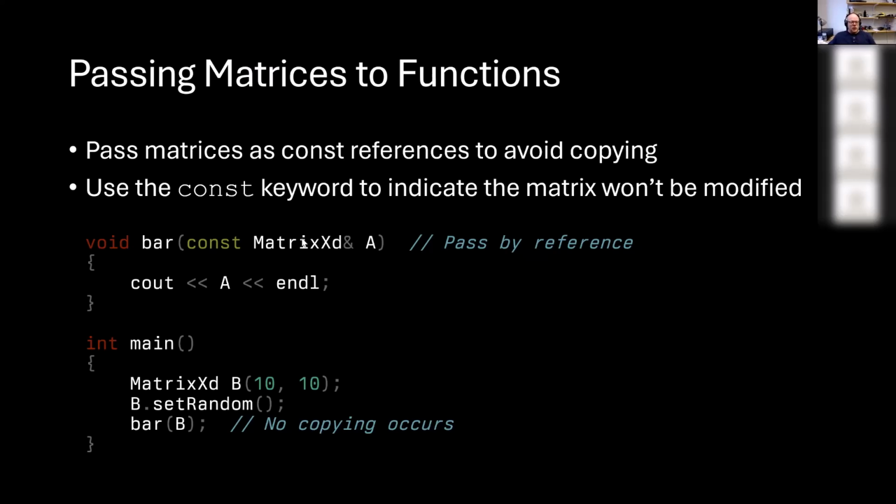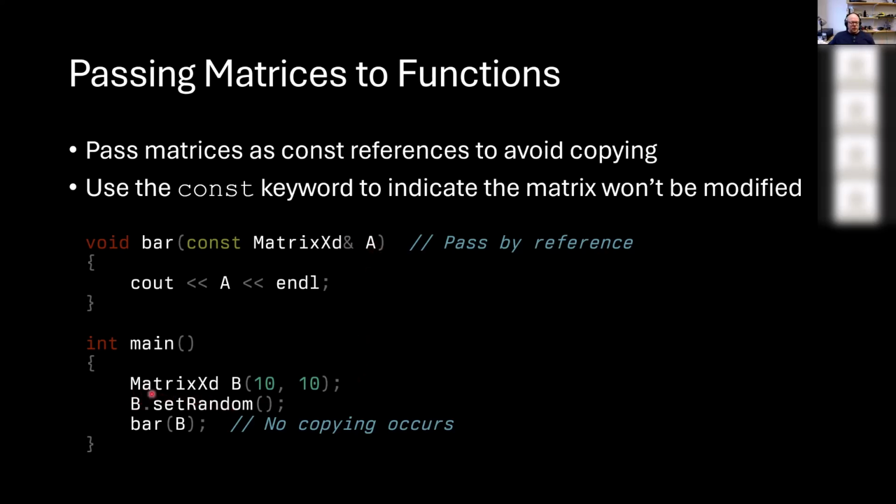In this case, I have a bar function whose only purpose is to print out the A matrix. You can see here that I have MatrixXd as a data type, and then I have a reference operator here. So I pass A by reference.